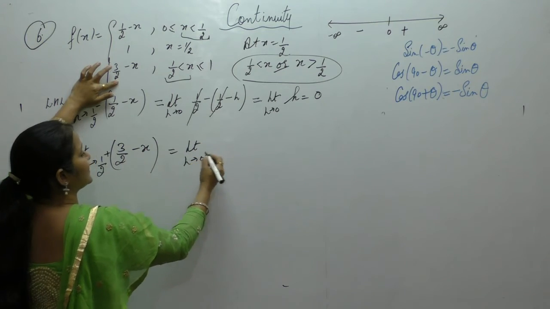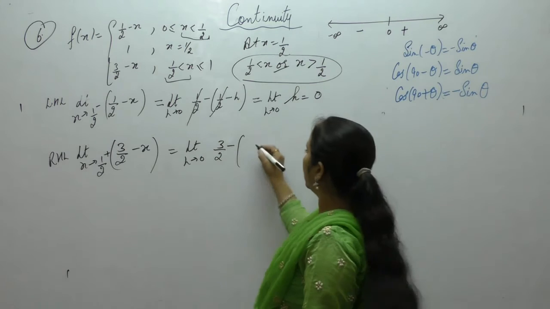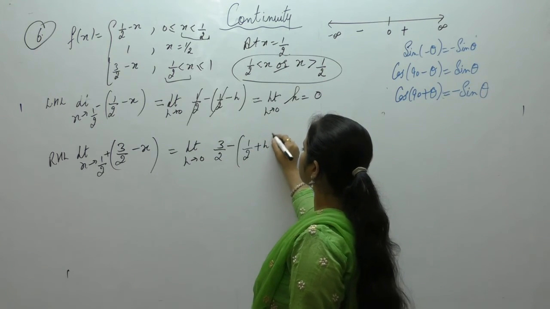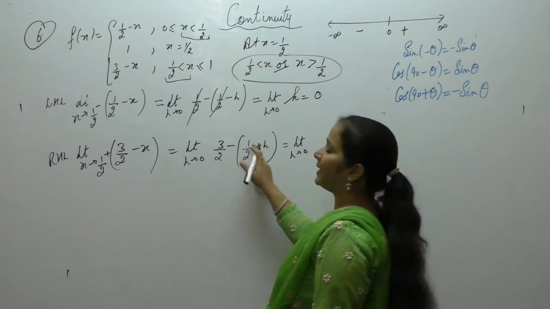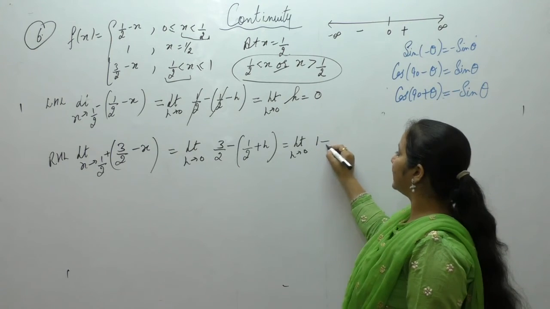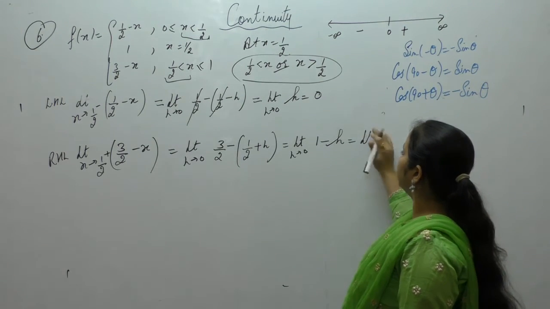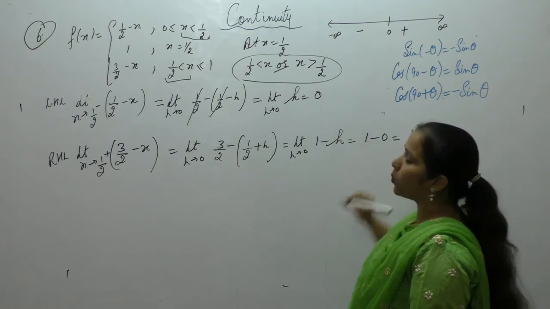Limit h tends to 0, instead of x, what we will write? 1 by 2 plus h. So we can write it as 3 by 2 minus 1 by 2 minus h, that is 3 minus 1, 2 by 2, 1 minus h. So after putting the limit h tends to 0, we get the answer as 1.